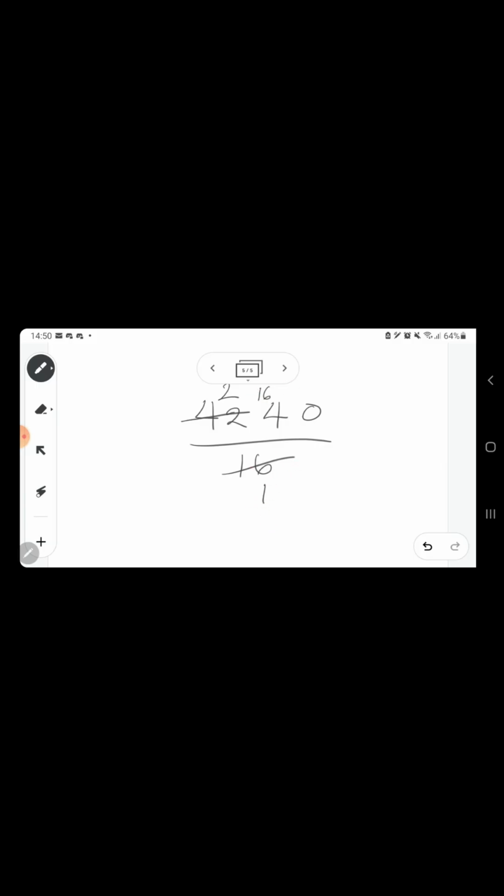No, this now turns to 1640. So 164. Now again, 16 times 10 is what? 160.